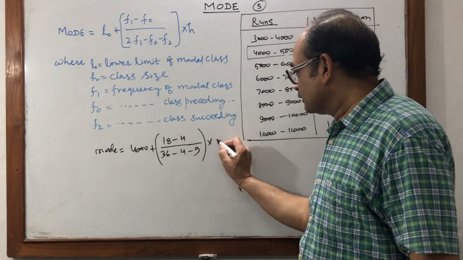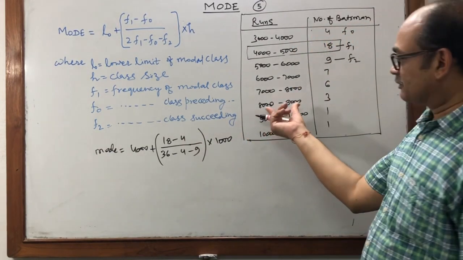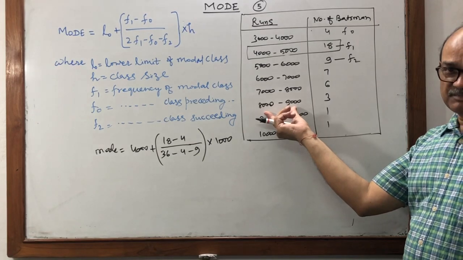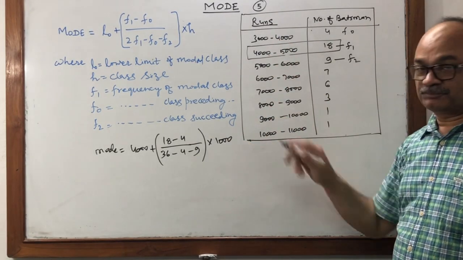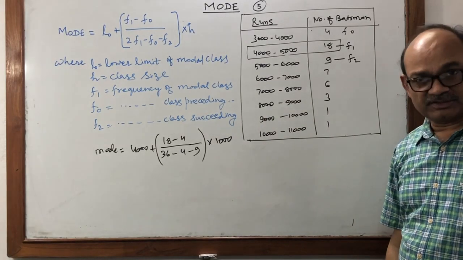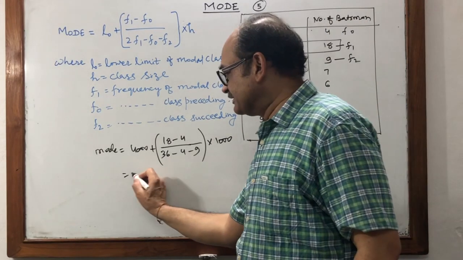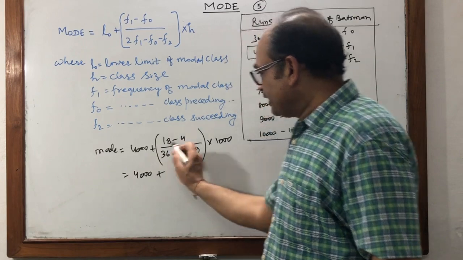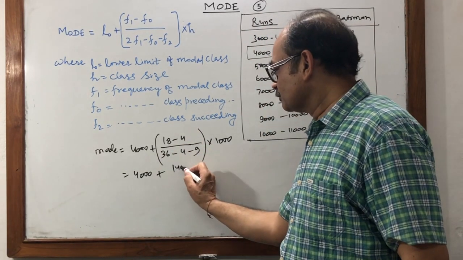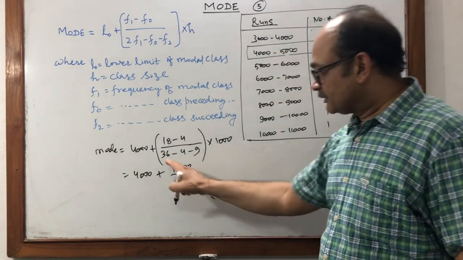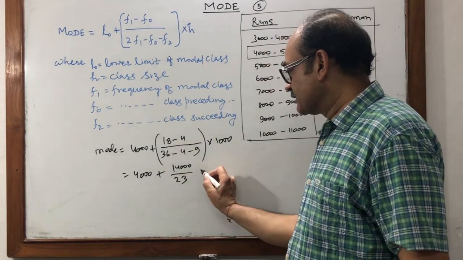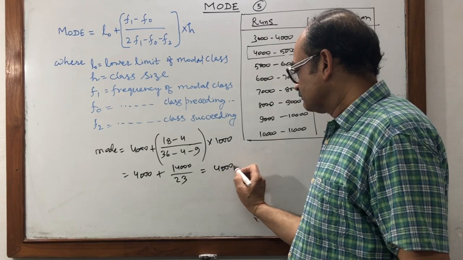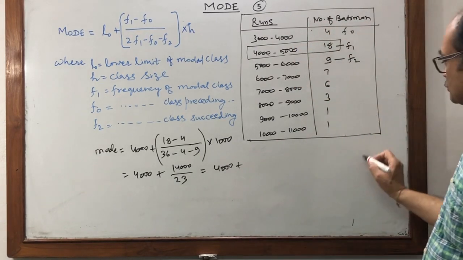And into the gap, the class mark gap is 1000. You have to put here H equals to 1000. Now you know the calculation very easily. How we solve? 18 minus 4, 14. 14 into 1000, 14,000. 36 minus 13, 23. 4,000 plus. Now you have to use the rough column.